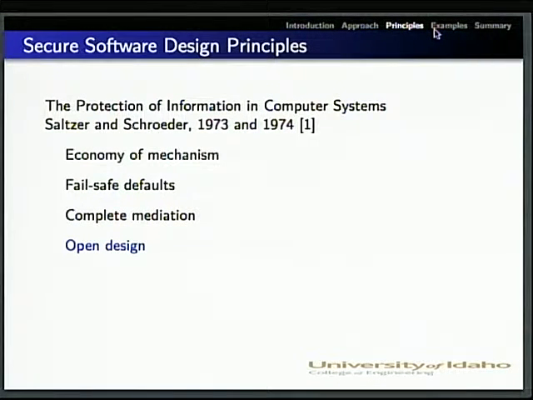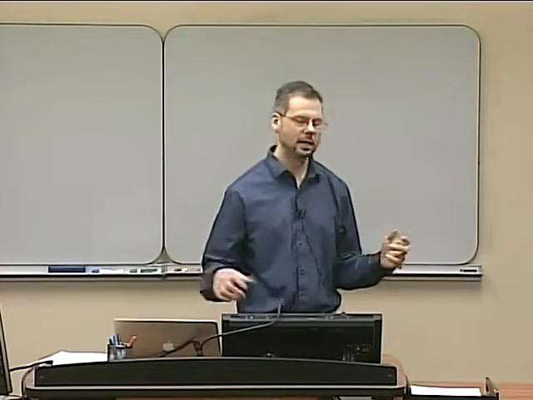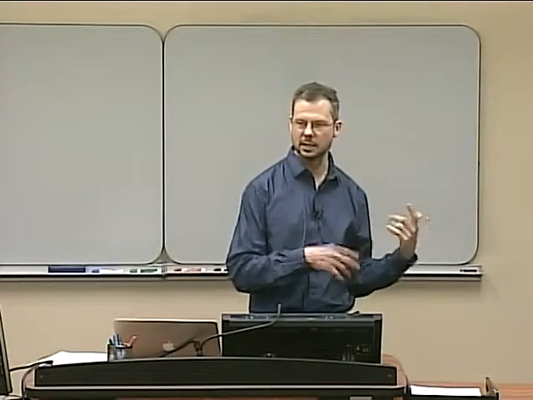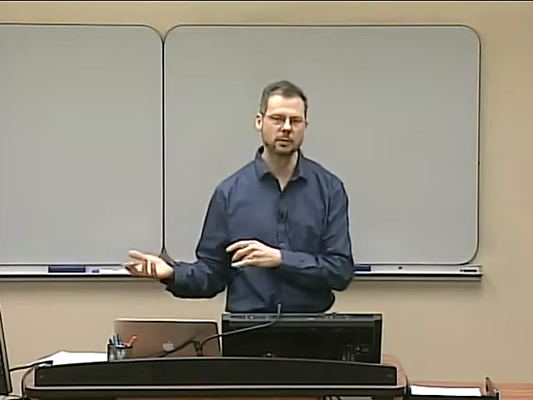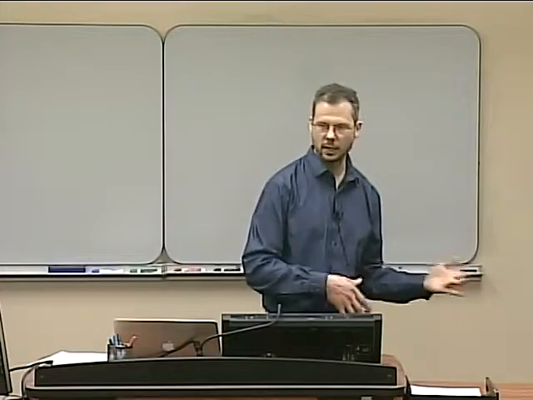For example, one case of open design is cryptography. It's very well known in cryptography today that you don't create a secret cryptographic algorithm and expect that the secrecy of the algorithm is going to protect you. Because if you're going to distribute the algorithm to pretty much all the people within your organization, then you're probably going to lose the secrecy pretty quickly. So in cryptography, what we do today is make open designs.